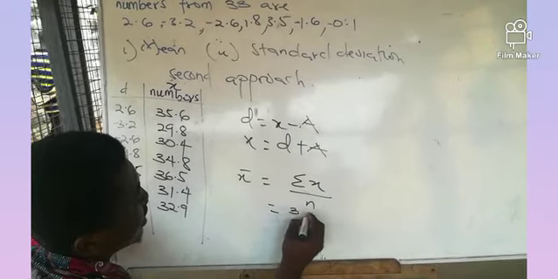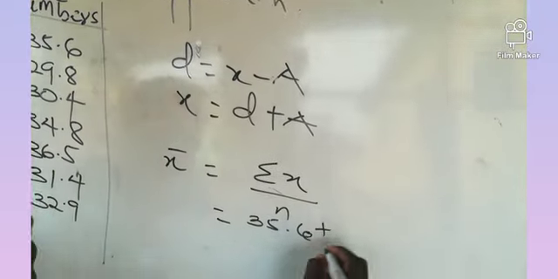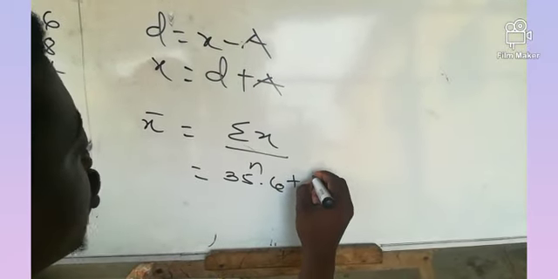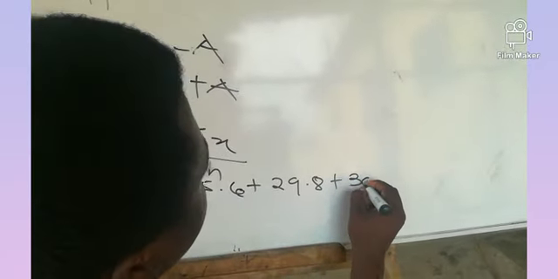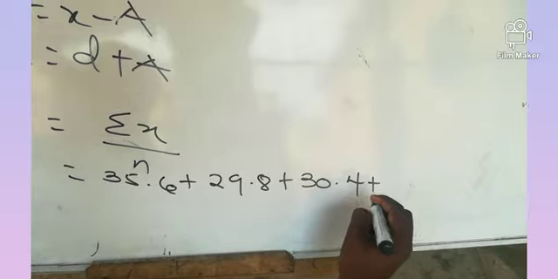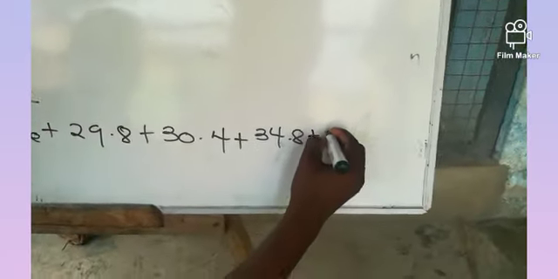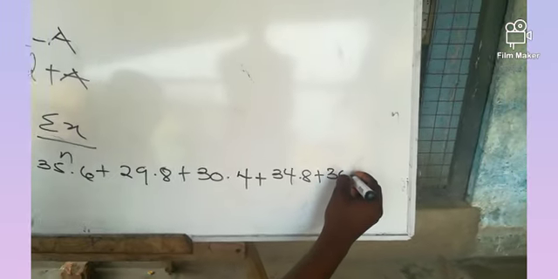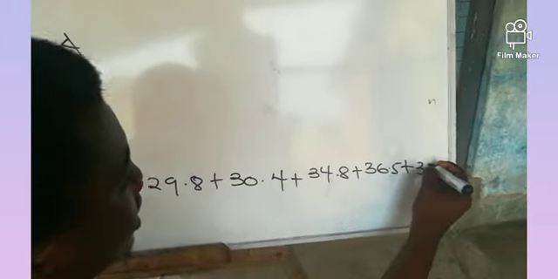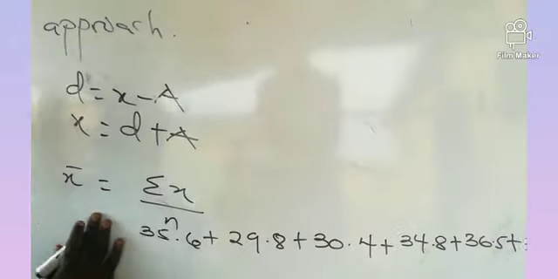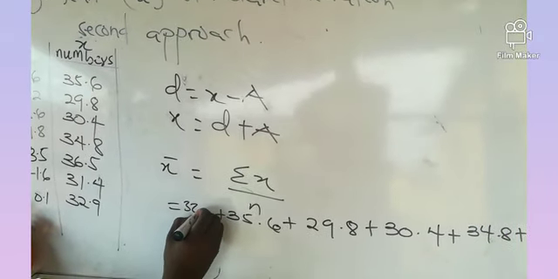It is just 35.6 plus 29.8 plus 30.4 plus 34.8 plus 36.5 plus 31.4 plus 32.9.